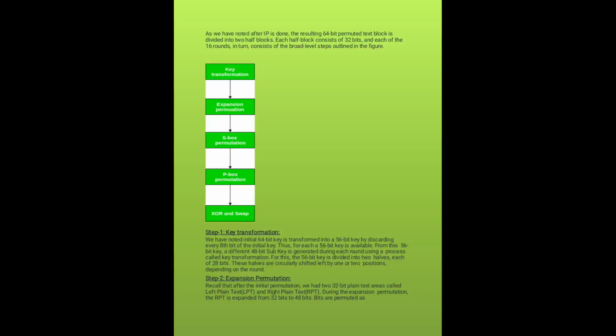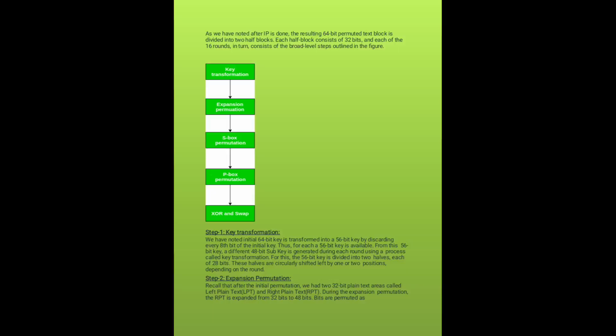We had two 32-bit plain text areas called left plain text and right plain text. During the expansion permutation, the RPT is expanded from 32 bits to 48 bits. Bits are permuted as well, hence the name expansion permutation. This happens as the 32-bit RPT is divided into 8 blocks, where each block consists of 4 bits.